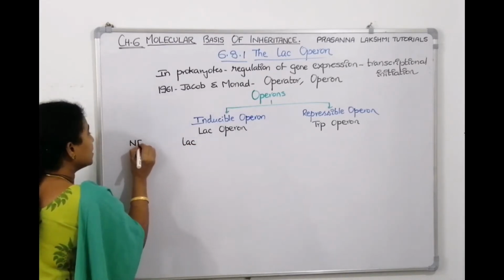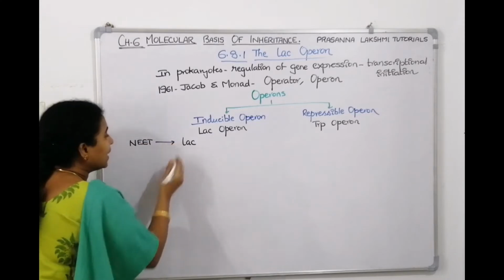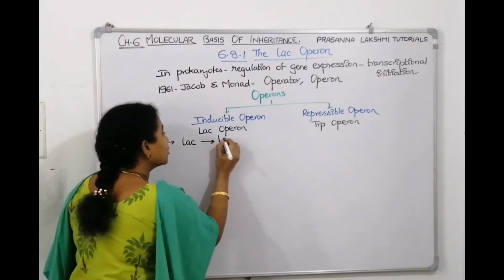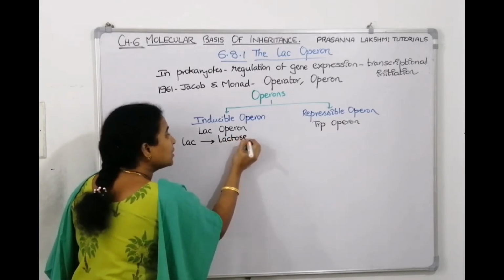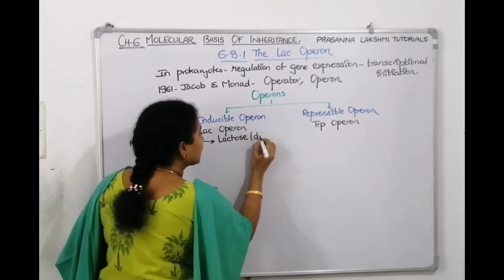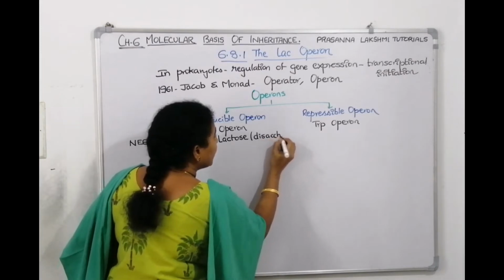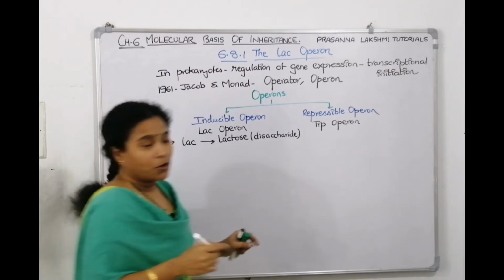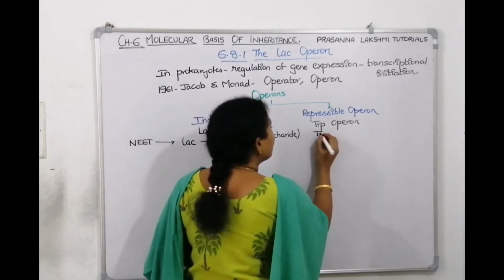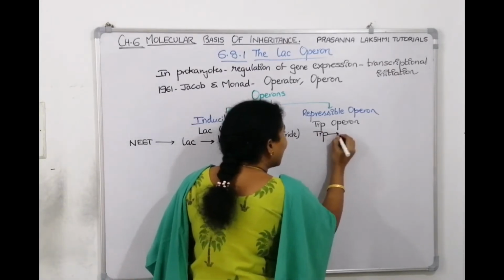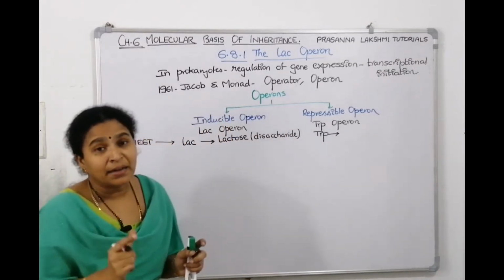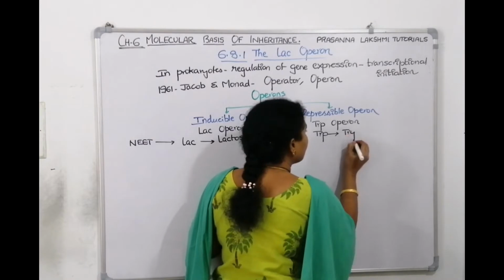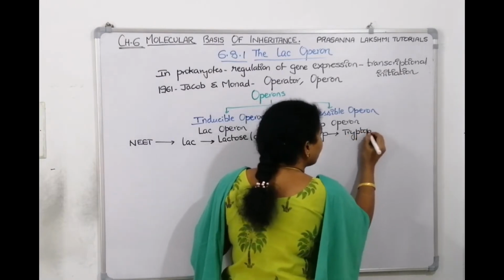They asked in the NEET question, what is the meaning of Lac in Lac Operon? It stands for lactose. What is lactose, children? It is a disaccharide. Now, in Tryptophan Operon, what does TRP stand for? TRP stands for an aromatic amino acid called tryptophan.